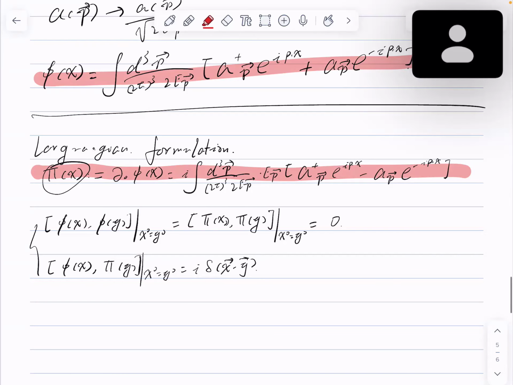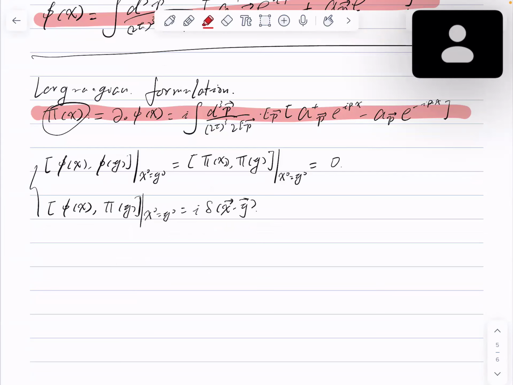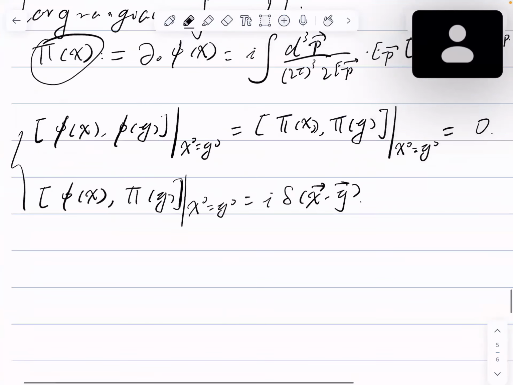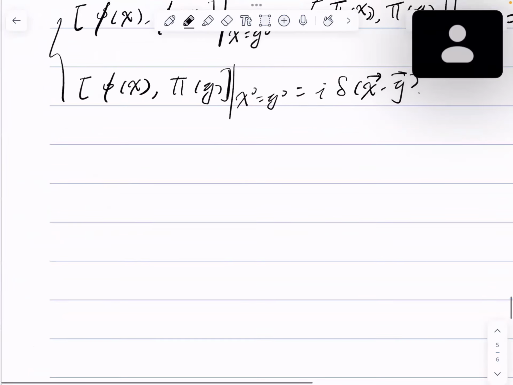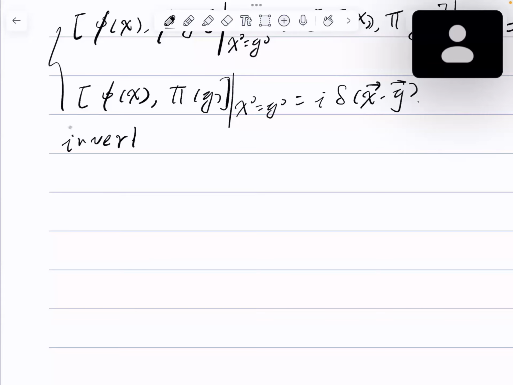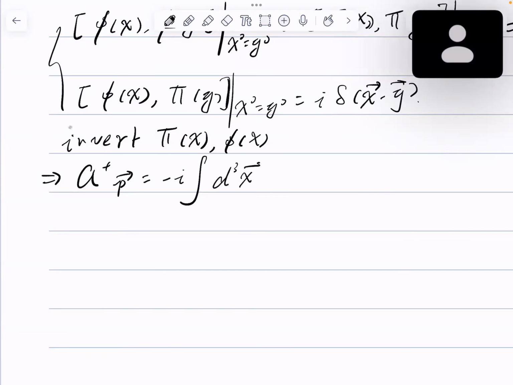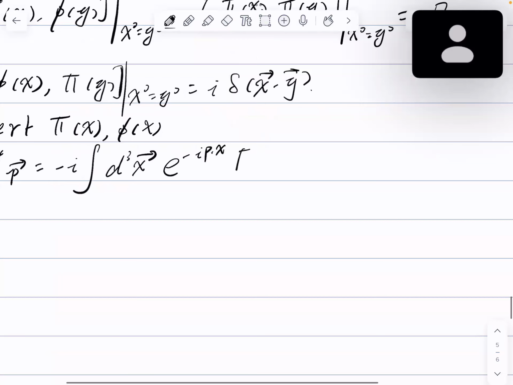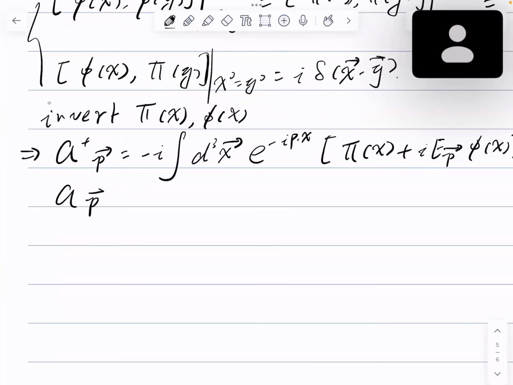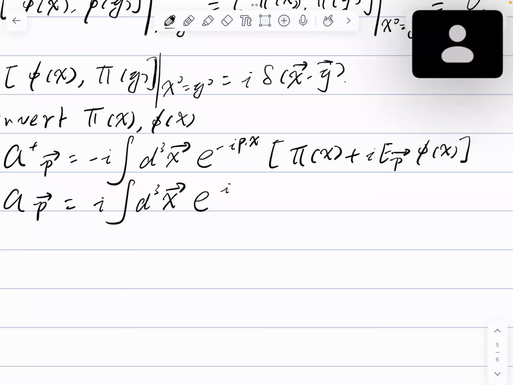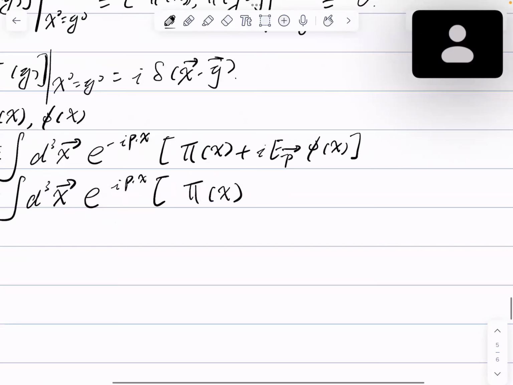So we can invert them to obtain the expressions for a and a† in terms of π and φ. These expressions are very useful later. For a_p†, it is the integral d³x e^{-ipx} times (E_p φ(x) minus iπ(x)), and for a_p, it is the integral d³x e^{ipx} times (E_p φ(x) plus iπ(x)).